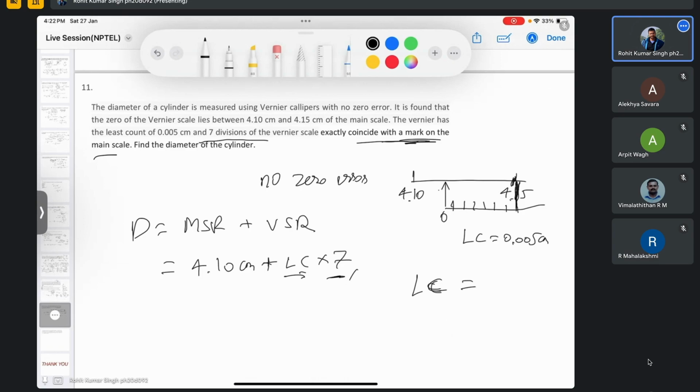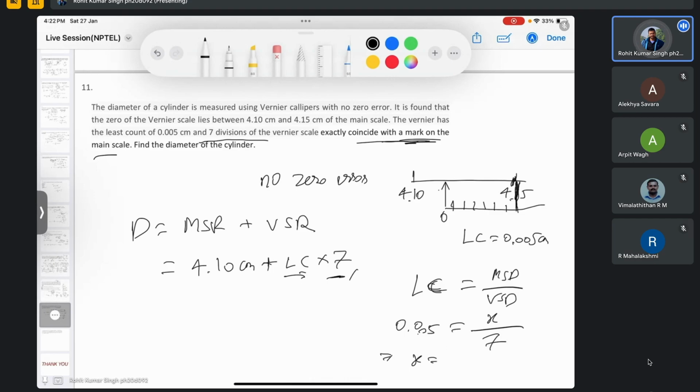Least count is given by main scale division by vernier scale division. The main scale division we don't know, so it is x. Vernier scale division is given as 7. Least count is given as 0.005 centimeter.